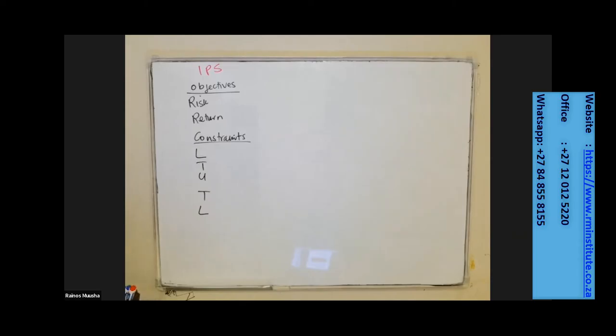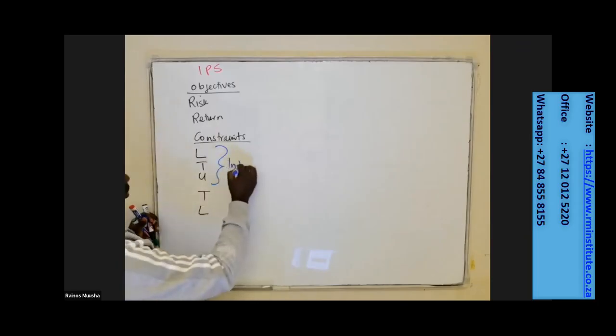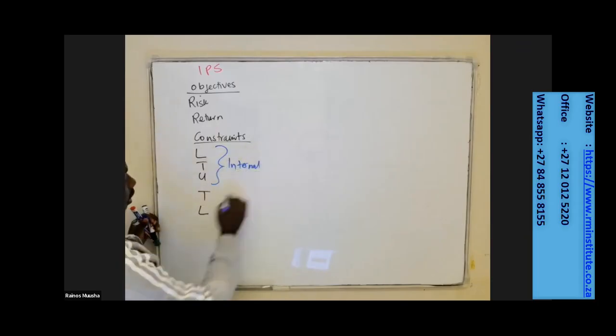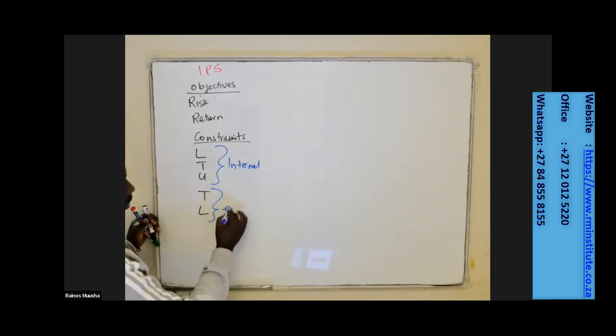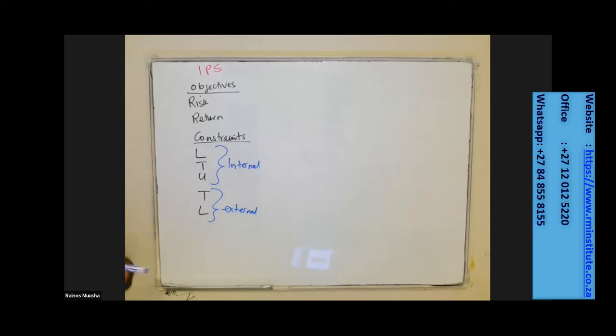And remember, we said some of these are internal constraints, and some are external constraints. You need to be able to do this classification when preparing the investment policy statement.